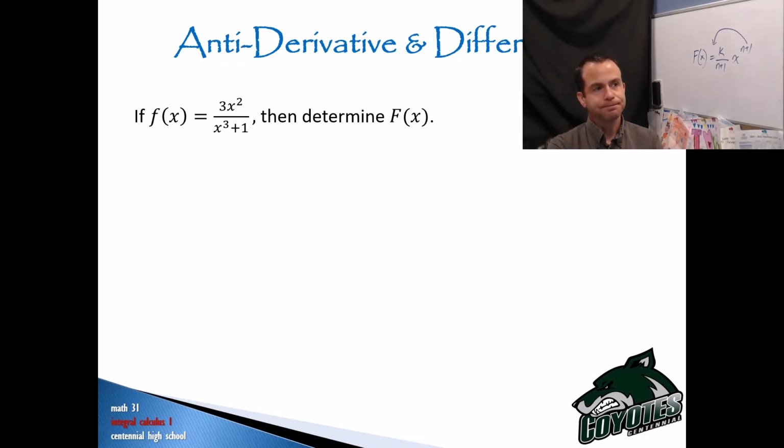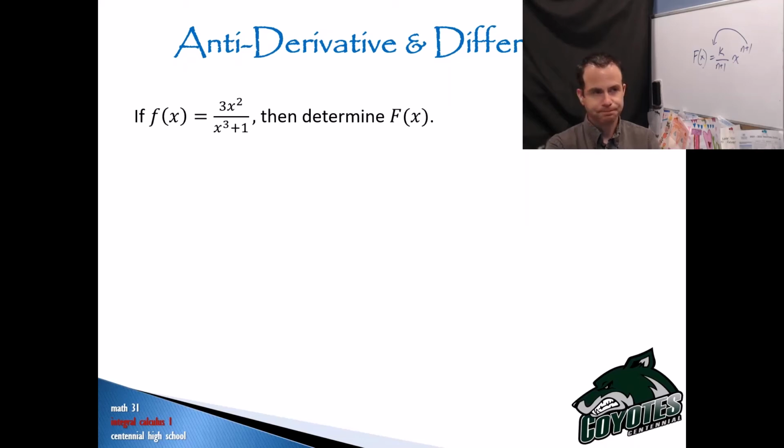Well, how am I going to do that? What I want you to look at is that x cubed plus 1 for a second, because I know that the derivative of x cubed plus 1 would give me 3x squared. So if I'm thinking about just that x cubed plus 1, the 3x squared is going to show up just by me looking at the x cubed plus 1.